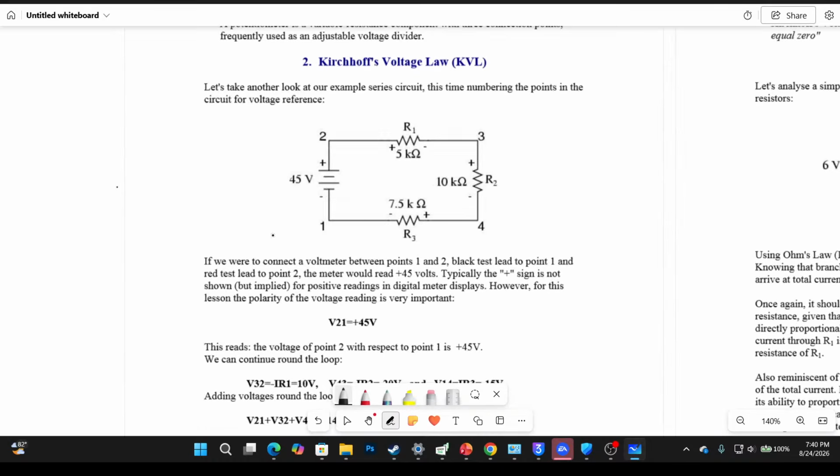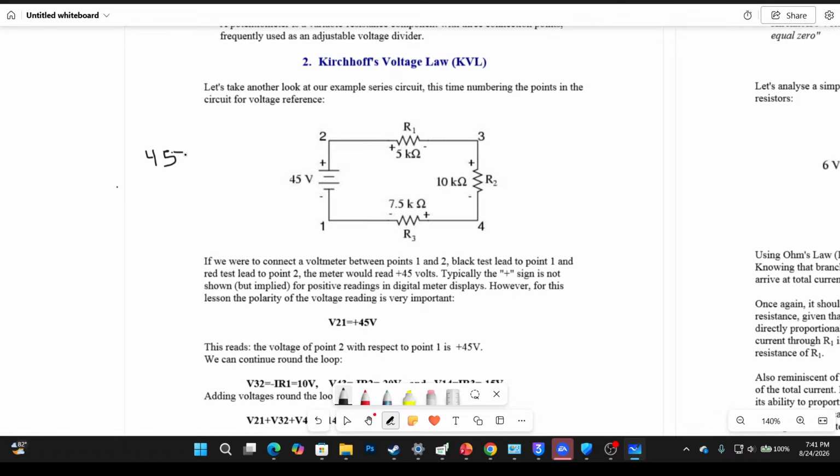So looking at this circuit, we have our voltage source to be 45, and then we have R1, R2, and R3.